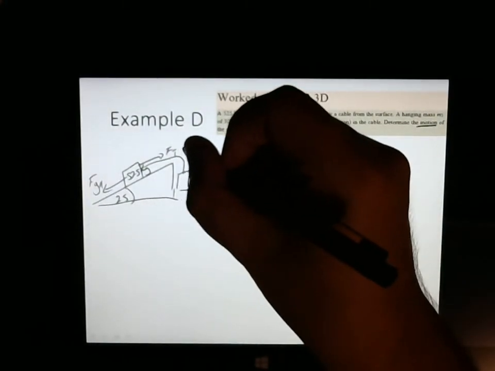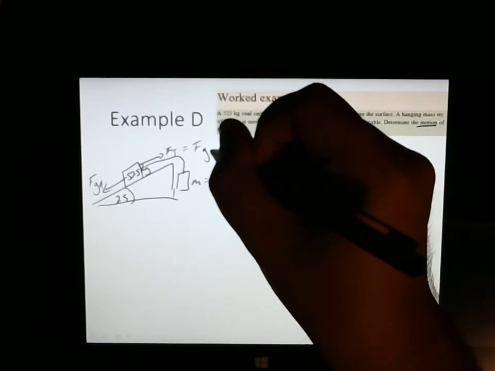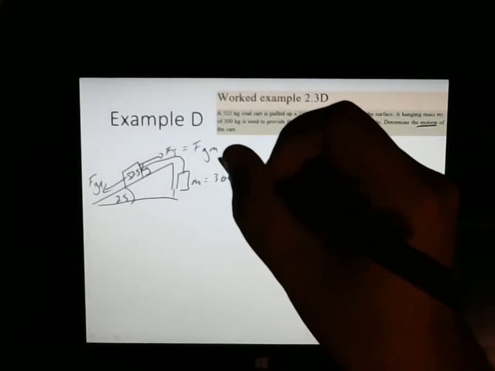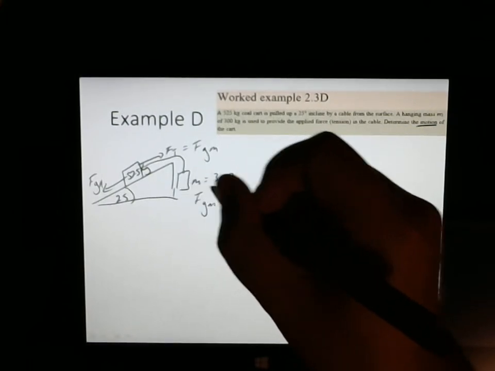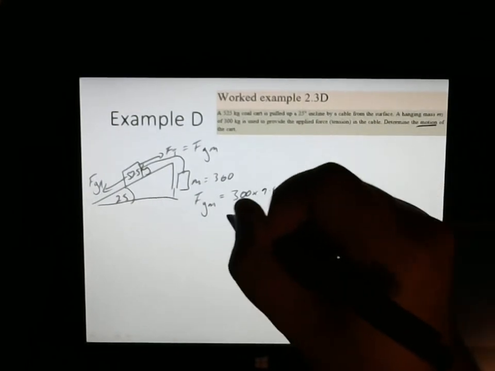And the tension force is equal to the force of gravity of the hanging mass, M. So what's Fg of this one? Let's work that out. Fg of the hanging mass is mass times gravity, 300 times 9.8.